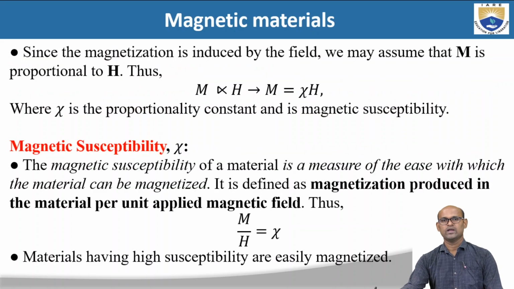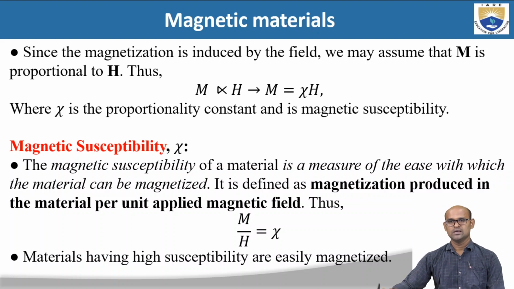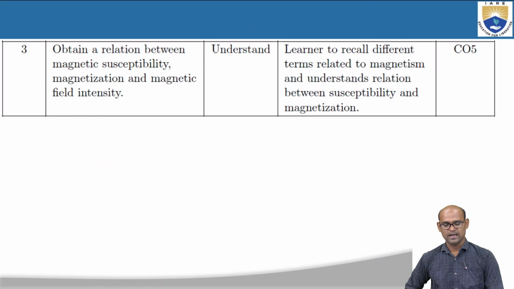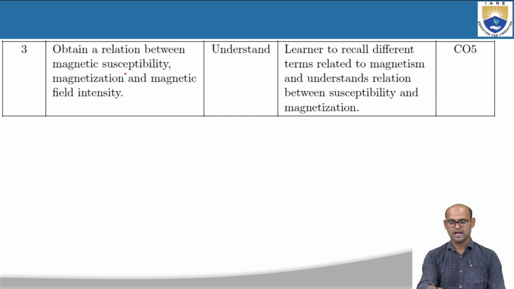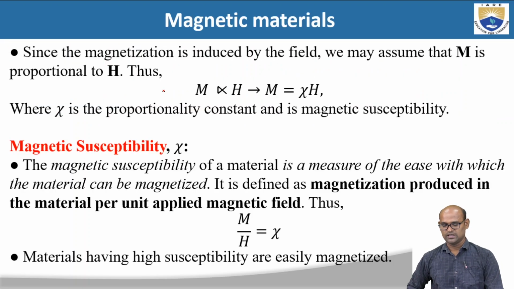Whenever we apply a magnetic field, only then the material gets magnetized, so M is proportional to H. Removing the proportionality constant, M is equal to chi H. This is the relation between M, chi, and H: M is magnetization, chi is susceptibility, and H is the magnetic field intensity.